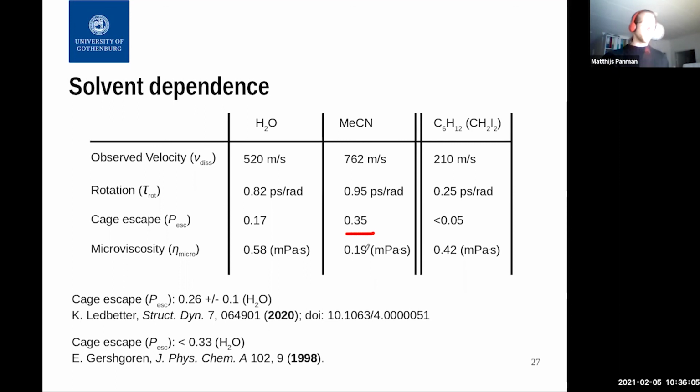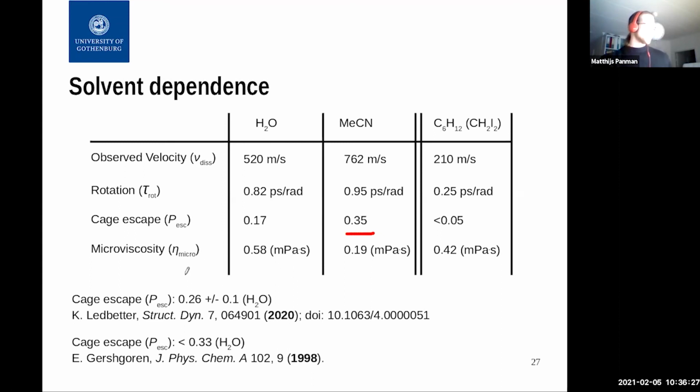We are working on the modeling of the dissociation of triiodide in ethanol and methanol. So hopefully we can get at least four solvents, which should give us a better picture of what is important for determining this ratio.